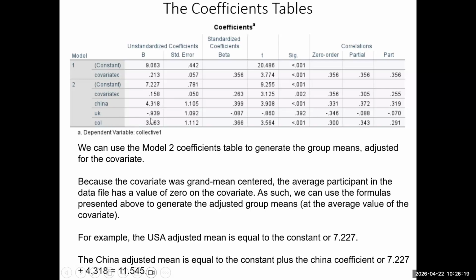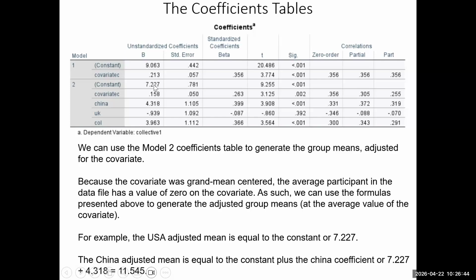Now these pairwise differences are adjusted for the presence of the covariate, okay? And so the two codes that were significant in the original run remain significant. So the China code is statistically significant. The Colombia code is also statistically significant, okay?